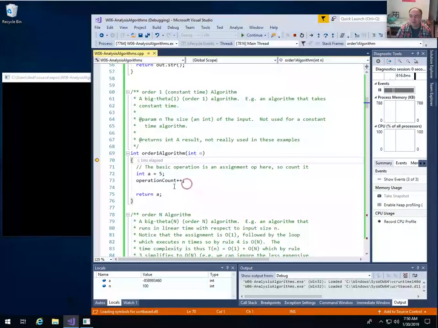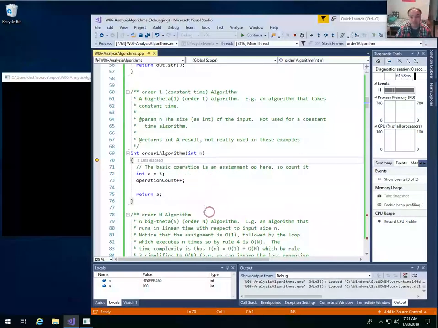So what we do is measure the number of operations as a function of the input size you're dealing with. Operations is loosely defined. It can mean whatever's important for your algorithm. For all these examples, I'm using incrementing a sum or something like that, and every time we do a basic operation, we count it here.